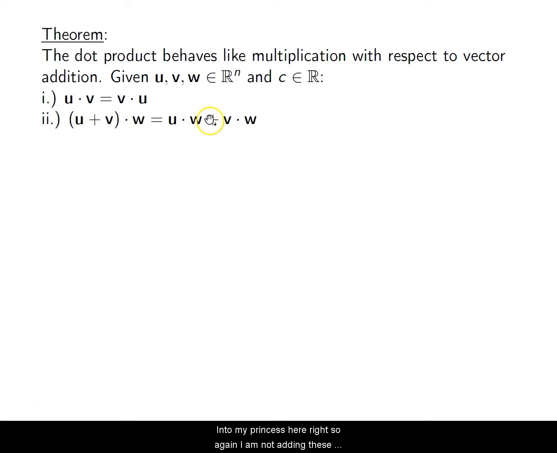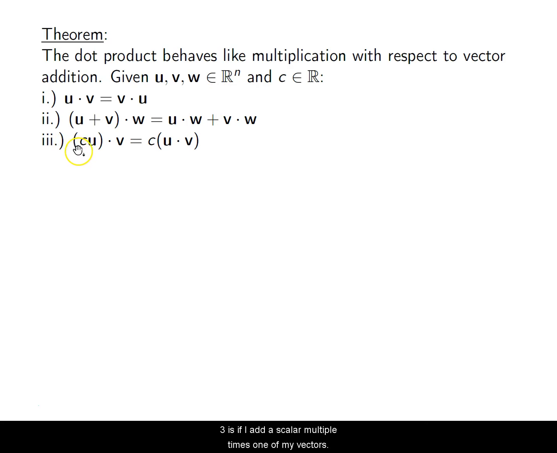So again, I am not adding these and taking the dot product. It's the dot product of this, the dot product of this, and then I add those two dot products together. So I get a scalar, I get another scalar, and then I add those two scalars together. These two things are equal. So I can add the vectors and then take the dot product, or I can take two dot products and add those two results together.